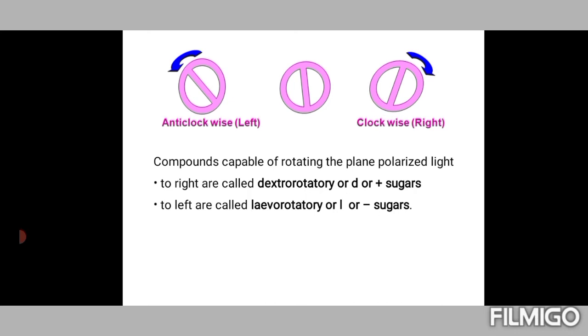Here it should not be confused. The notation small d and small l should not be confused with the capital D and capital L we discussed during D and L isomerism. This is another kind of property, and capital D need not necessarily exhibit the behavior of small d or plus sugars.